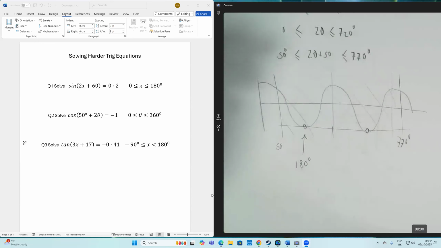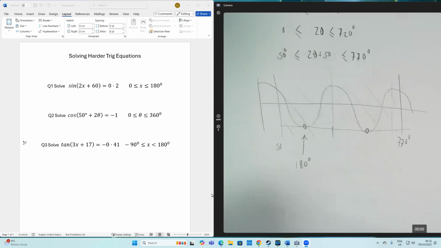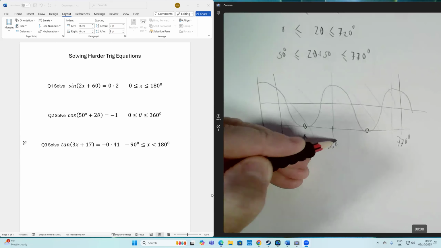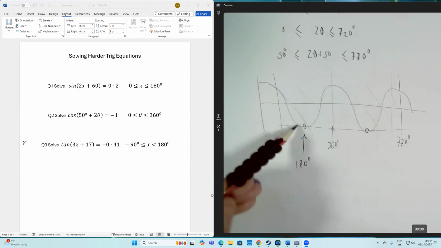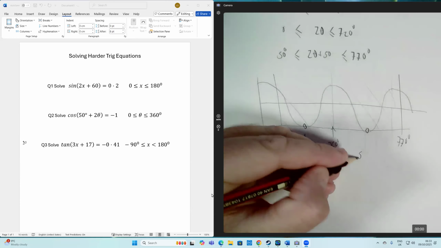So we can just add 2 pi to that one. Or we could think of it as it is 360 add 180. Let's think about it that way, because that is 360 degrees there. And then we're adding on another 180. So we're going to do 360 add 180. That gives us that this solution here is at 540.